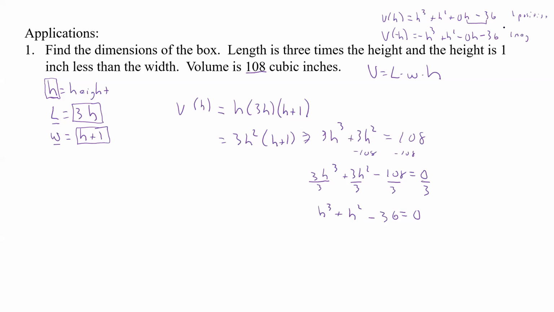But what do we know about volumes and lengths and widths and measurements? We better only use positive numbers. So when we get our p's over q's, we only have to worry about the positive ones because, even though it says we're going to have one of each, when we start finding the height and the width and the length, those had better be all positive numbers. So we're only worried about positives.